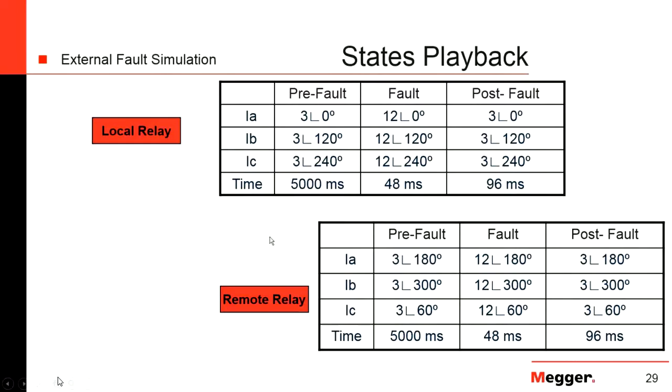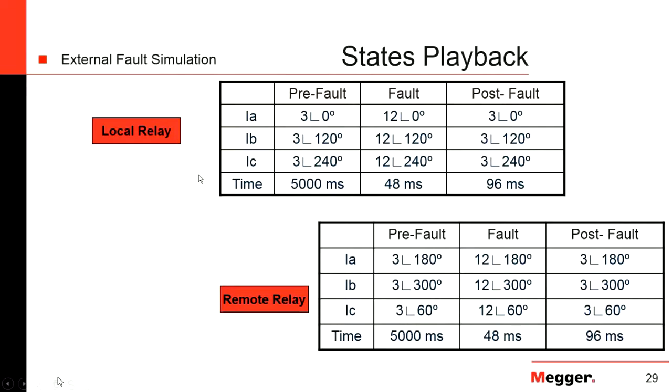Now, the fault state would be the moment when a fault hits the system, and then the post-fault is what happens after such fault was cleared by the protection system.